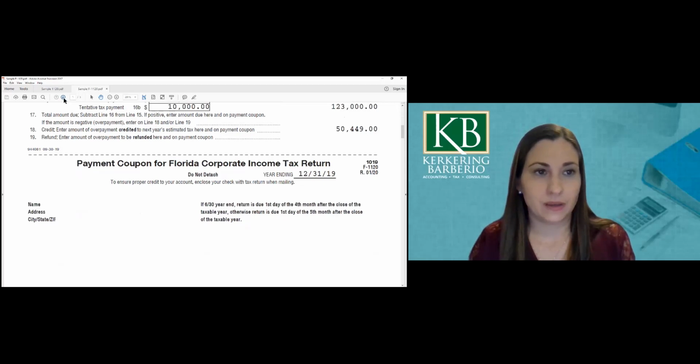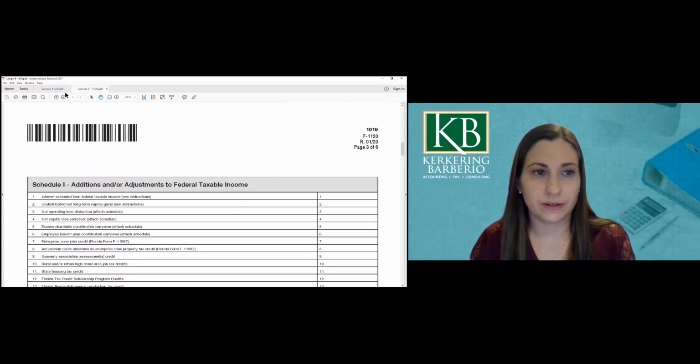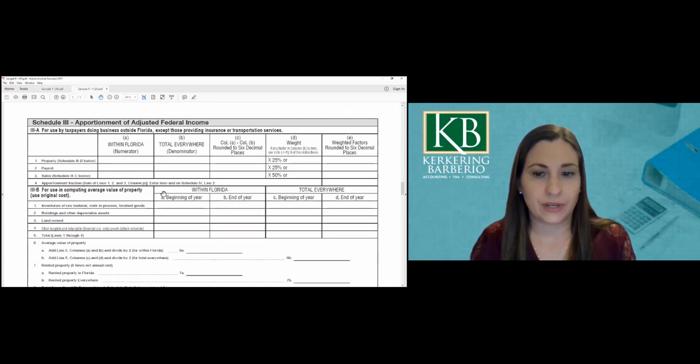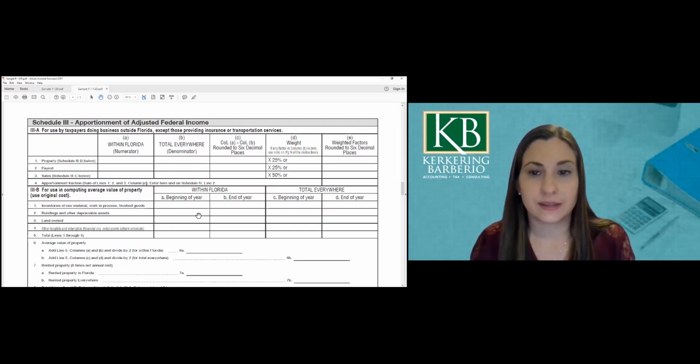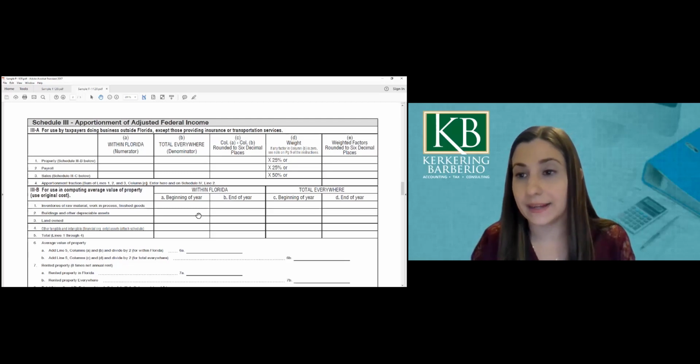And as we move forward with the return and we look at the next page, there are also apportionment schedules, which are different on states, because businesses that have activities in multiple states have to determine where their federal income is going to be taxable according to their business location and operations.